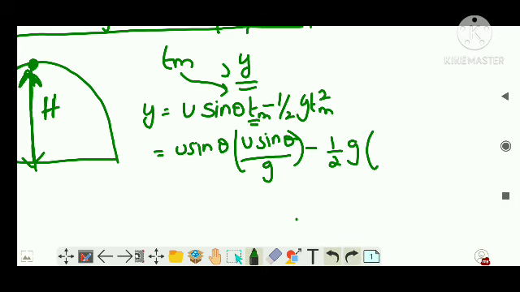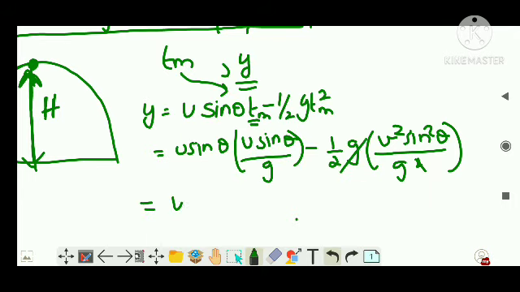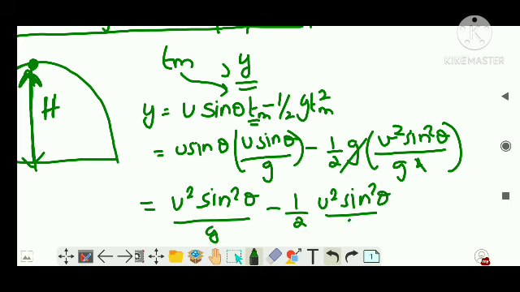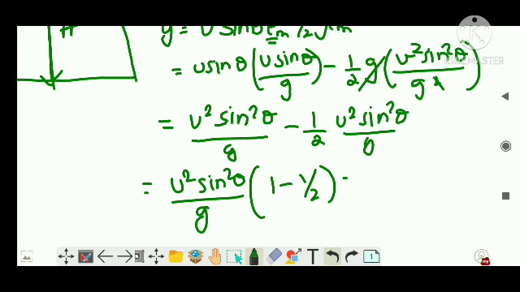So I will write it as u squared sin squared theta by g squared. So I can cancel one g, right? So this equation becomes u squared sin squared theta by g minus half u squared sin squared theta by g, right? So this is something which you can write by yourself, but I'm still writing u squared sin squared theta, that is 1 minus 1 by 2. So it is half u squared sin squared theta by g, right?